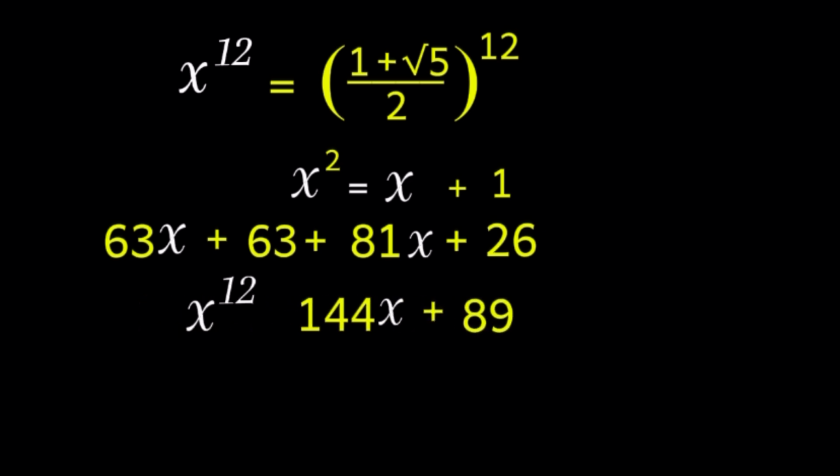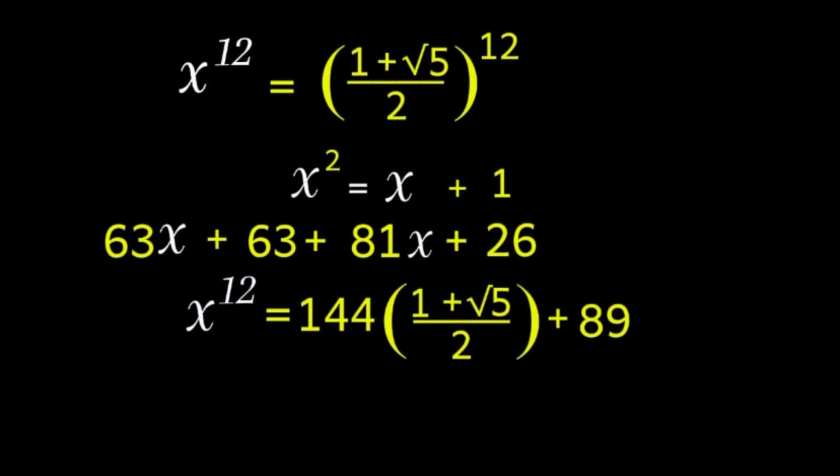So finally we have x to the power of 12 is equal to 144x plus 89. Now remember our original definition of x, which is (1 plus square root of 5) divided by 2. So substitute it back in. We get x to the power of 12 is equal to 144 times ((1 plus square root of 5) divided by 2) plus 89.